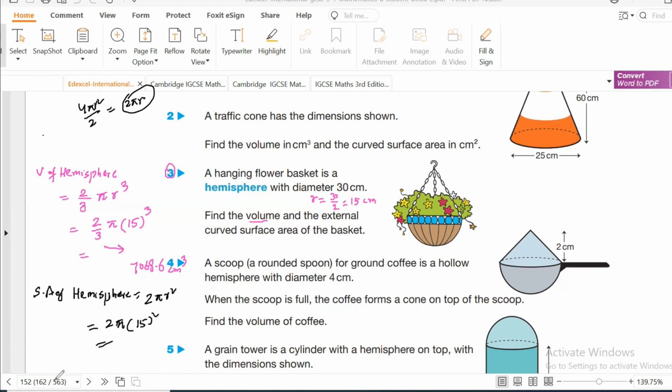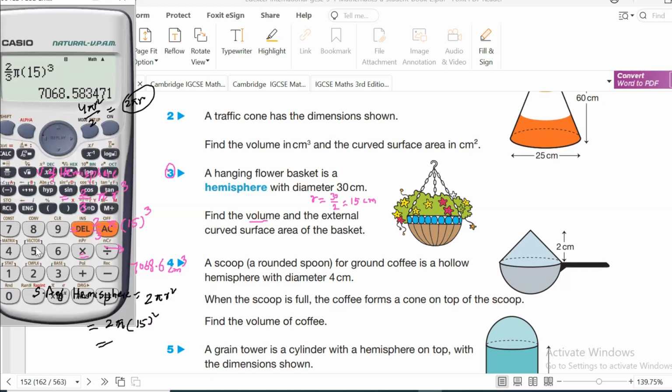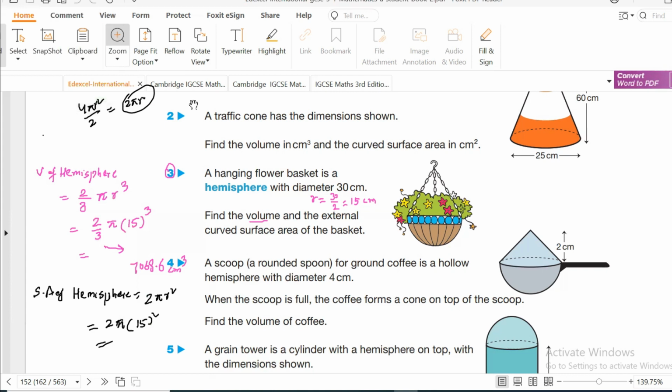That gives you the curved or external surface area of the basket. Checking in the calculator, 15 squared is 225, so that gives us 450 pi, or 1413. So we can say 1413 centimeter squared. I hope it is clear.